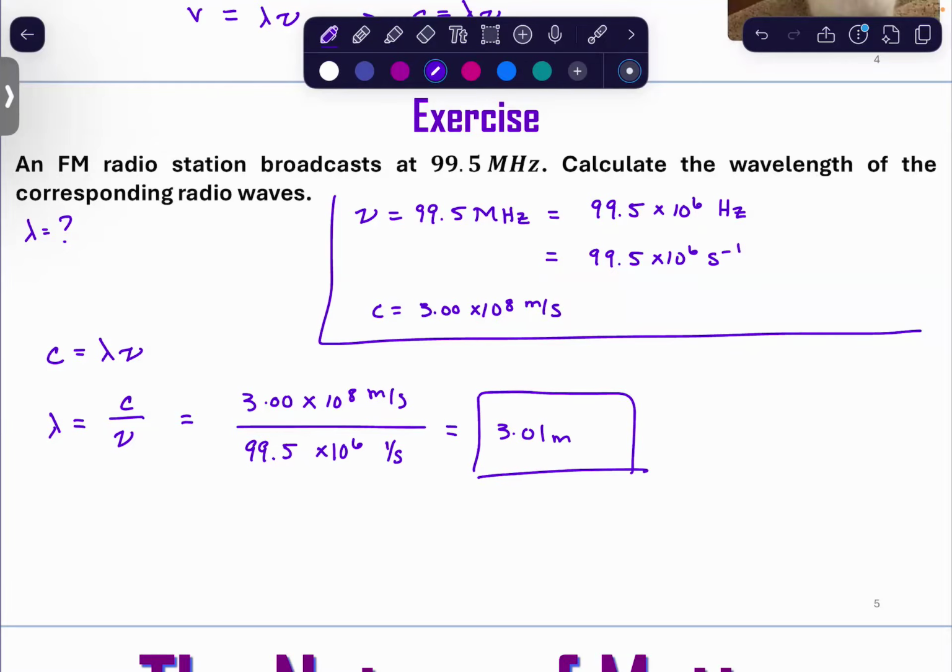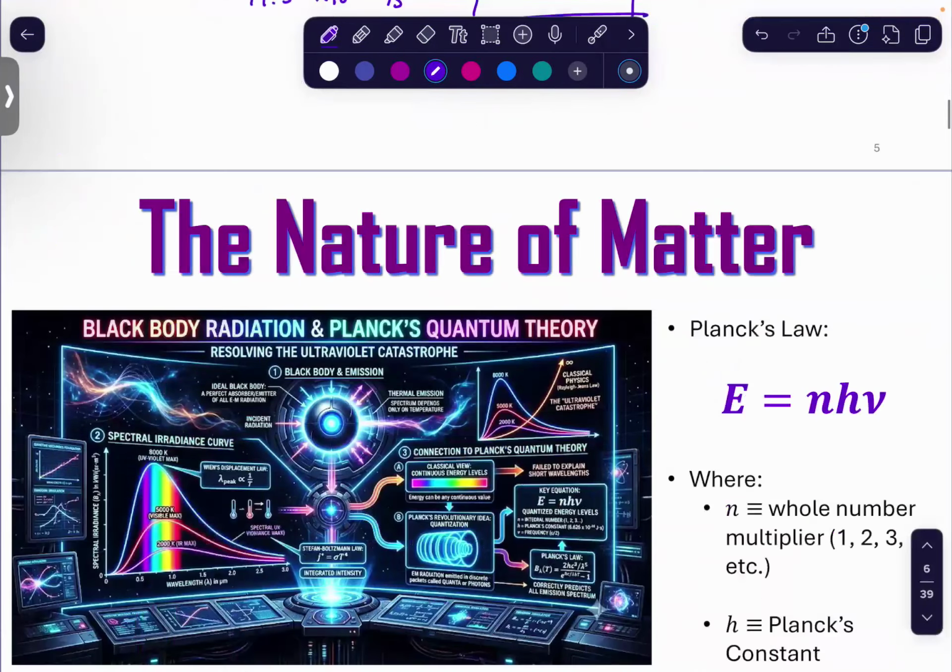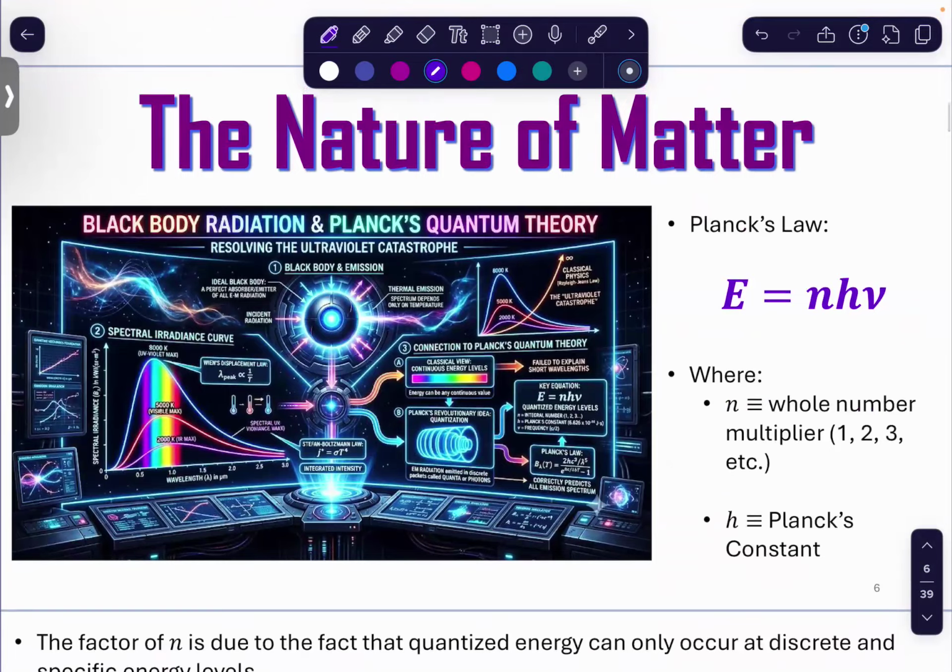So far the math isn't too bad. Let's start talking about the nature of matter. Early in the 20th century, scientists were studying something called blackbody radiation.